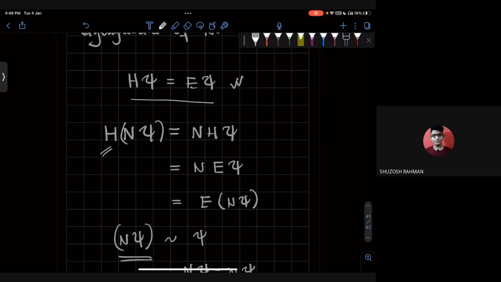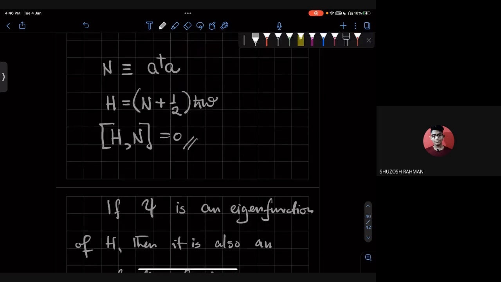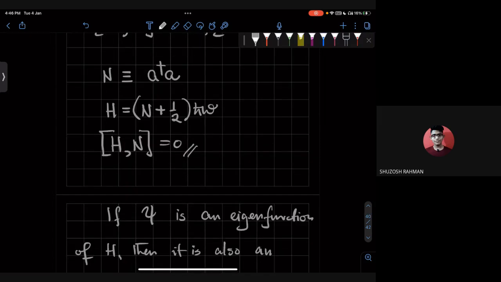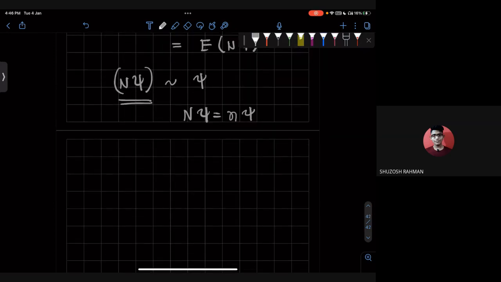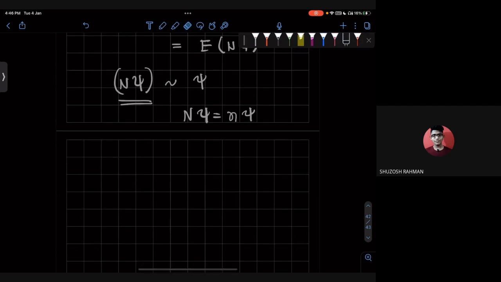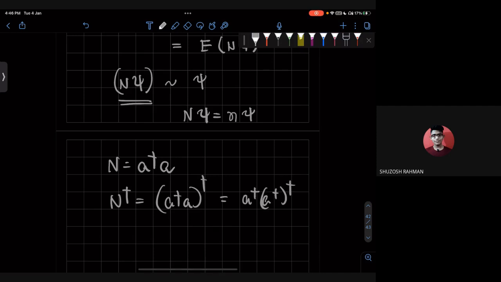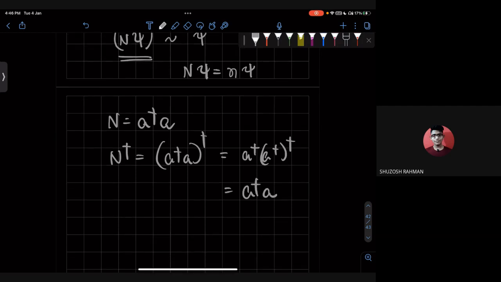Okay. So, right. So we found that H can be expressed in terms of N. So if we now find an eigenfunction of the N operator, by the way, N is a Hermitian operator. N is a Hermitian operator because if I take the dagger of N, this is a dagger a, dagger, but we know that taking the dagger changes the ordering of the operators, so we get back the same operator, right?